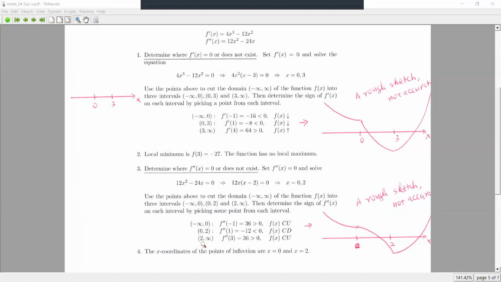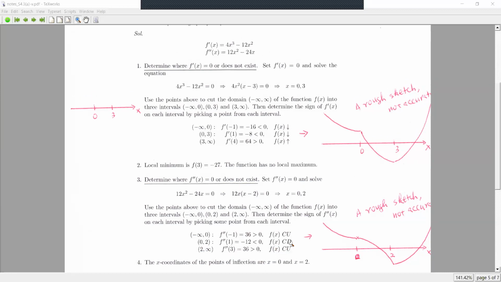Similarly, the third interval, arbitrarily pick point 3. The second derivative at 3 is 36, positive. So over this interval, the graph of the function f is concave up.